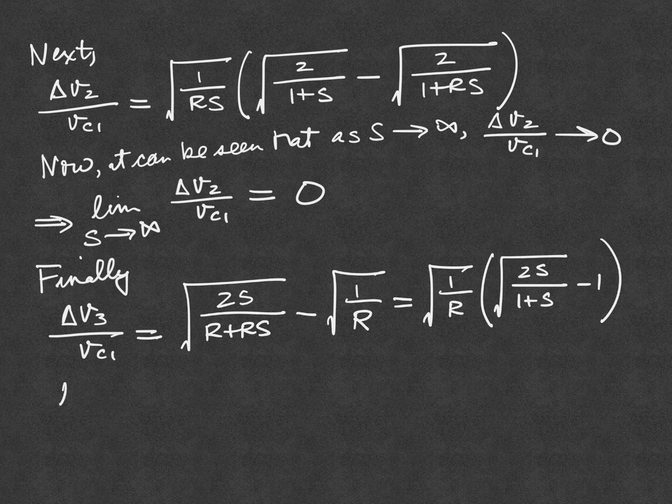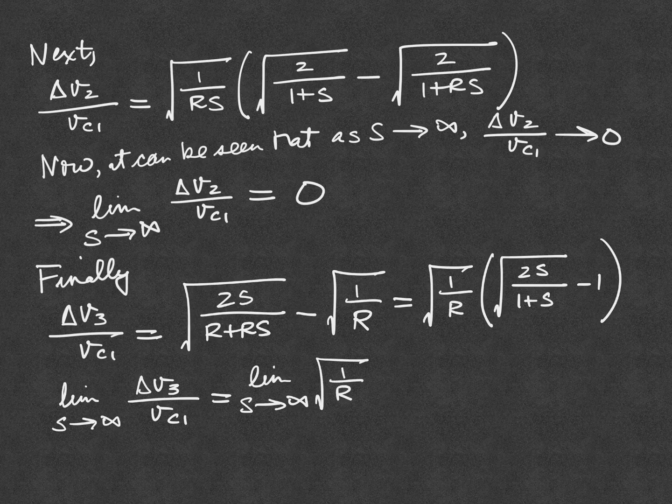Now, if we take the limit as s approaches infinity of delta v3 all divided by vc1, that's equal to the limit as s approaches infinity of the square root of 1 over r times the square root of 2s over 1 plus s minus 1.